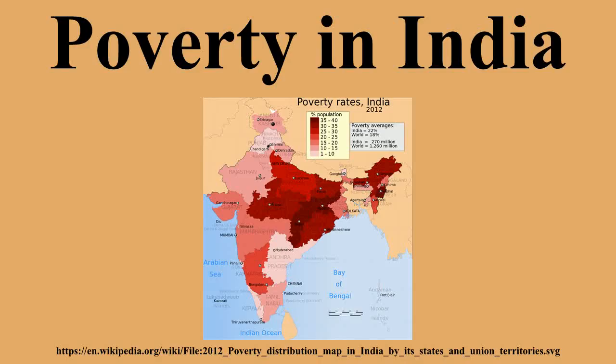Impact of poverty. Since the 1950s, the Indian government and non-governmental organizations have initiated several programs to alleviate poverty, including subsidizing food and other necessities, increased access to loans, improving agricultural techniques and price supports, and promoting education and family planning.